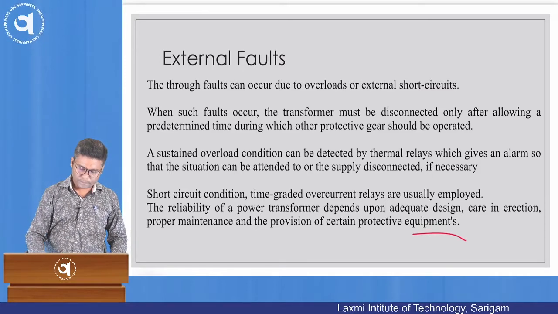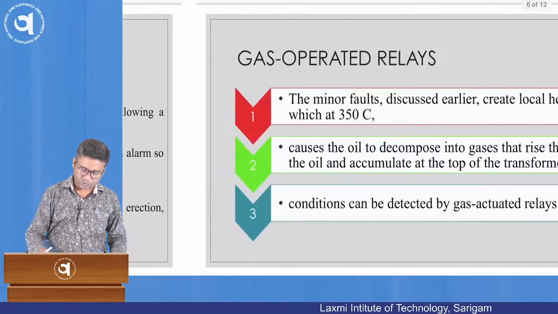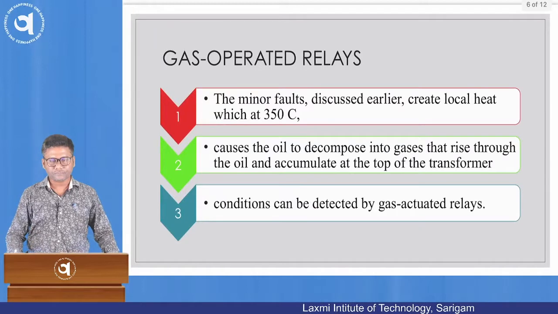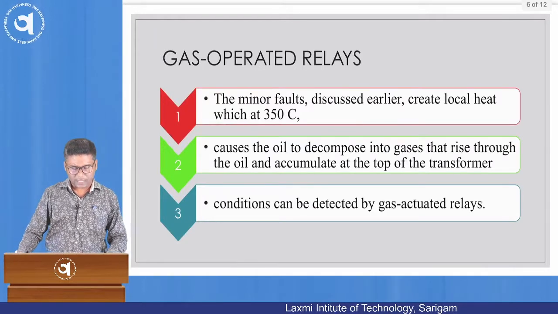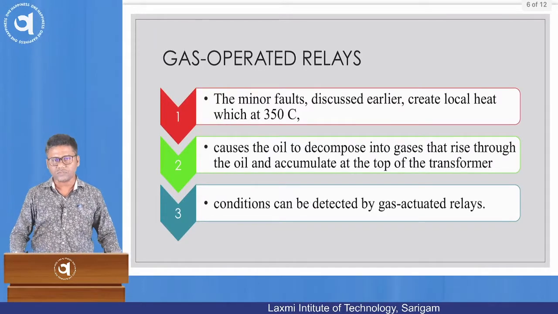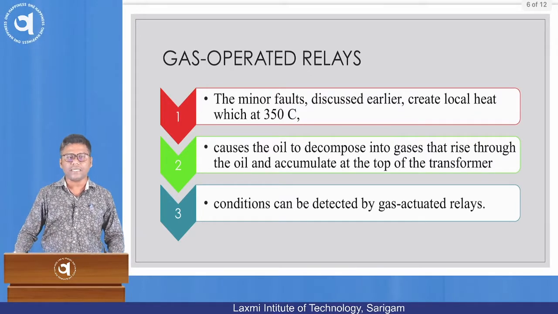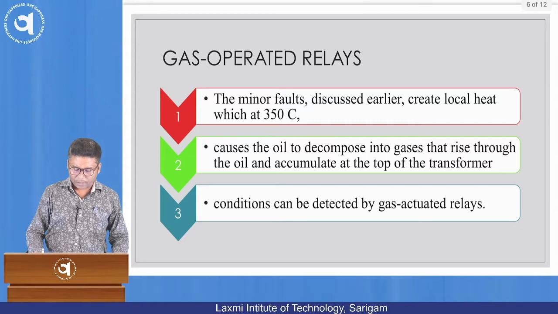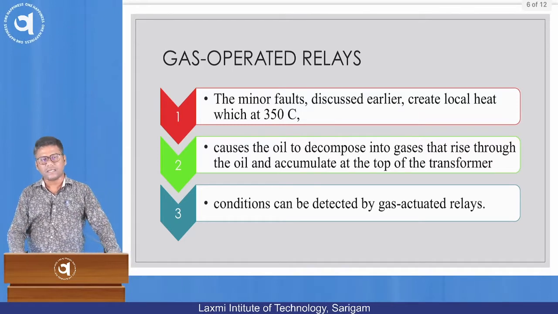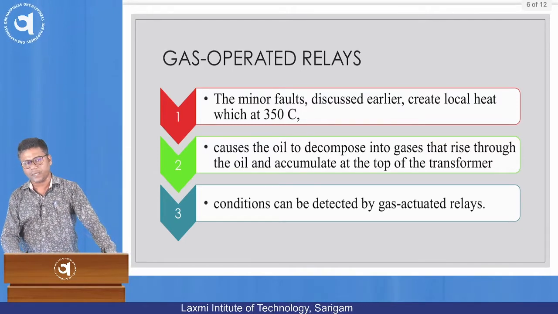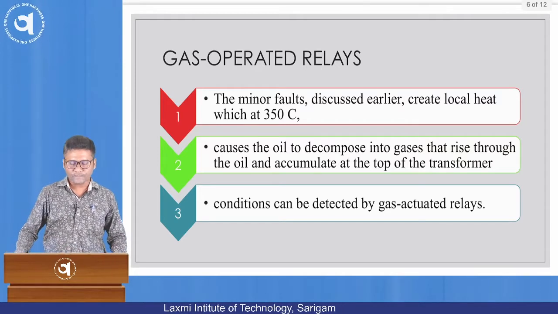Okay. Now, let us come to the gas operated relay. As I already discussed, gas operated relays are generally used for auxiliary fault detection and interturn fault detection. Many times minor faults occur, as we discussed earlier in the case of auxiliary faults.